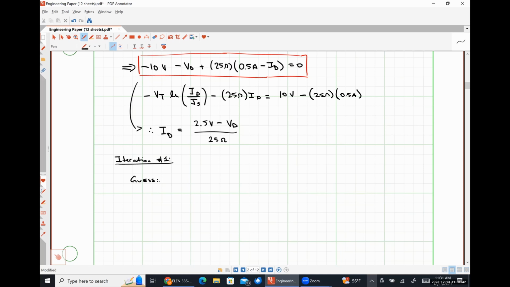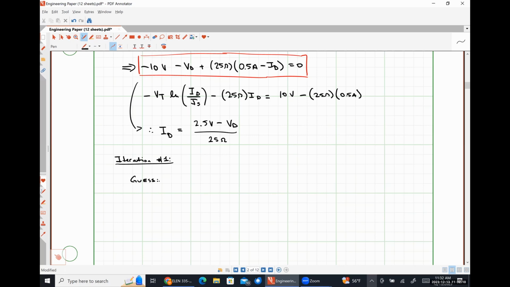I would typically start, if you're not specifically told what type of diode you're dealing with, meaning if you don't know if it's silicon or germanium or gallium arsenide, half a volt seems like a reasonable guess. Typically speaking, for silicon specifically, we could use 0.7 volts. For germanium, 0.3 volts. And for gallium arsenide, around 1 volt. So somewhere in the ballpark of the built-in voltage is usually a good starting place.